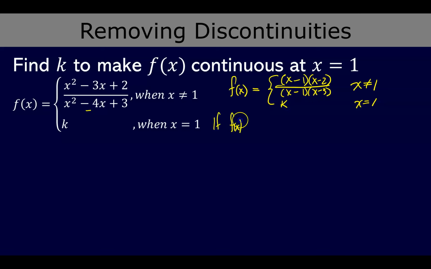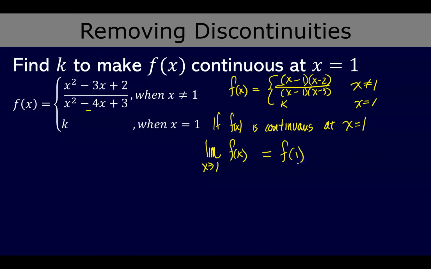If f is continuous at x equals 1, and I'm going to use that two-sided limit, because I'll show you what I mean here in a second. The limit as x approaches 1 of both sides of f should be equal to f of 1.